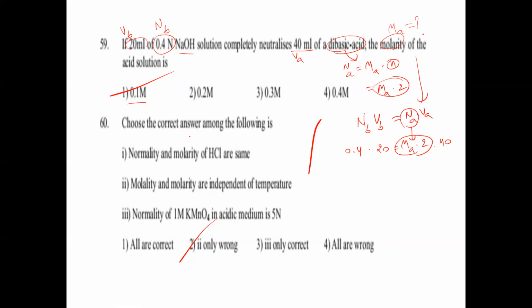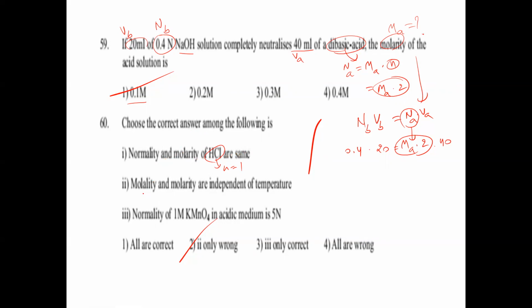Next one, choose the correct answer among the following. Which is the correct statement they're asking. First one: normality and molarity of HCl are the same. Correct or not? What is the N factor of HCl here? N factor is 1. When the N factor of HCl is 1, normality and molarity will be the same. It is a correct statement.